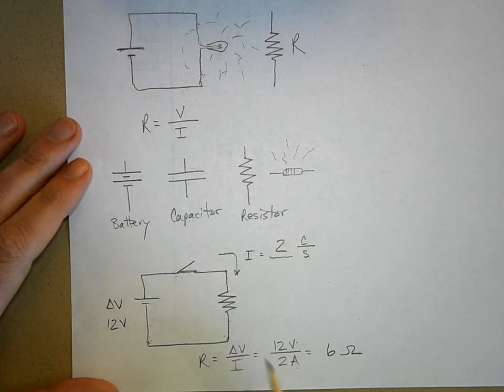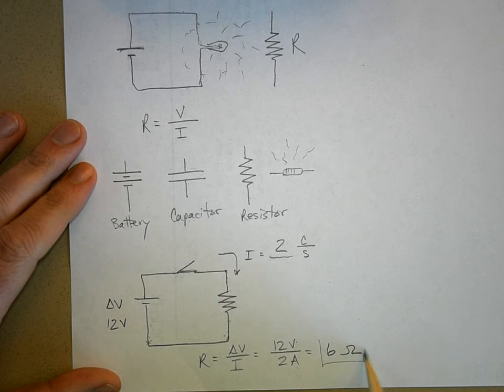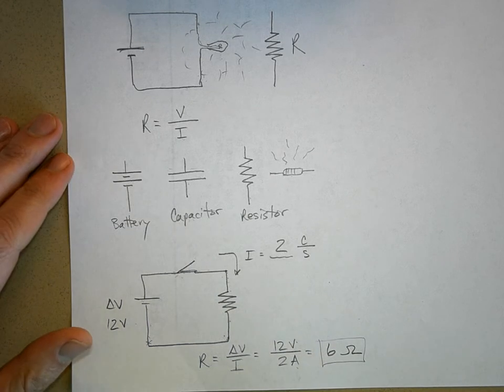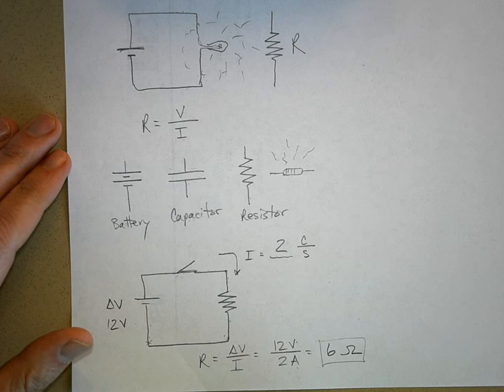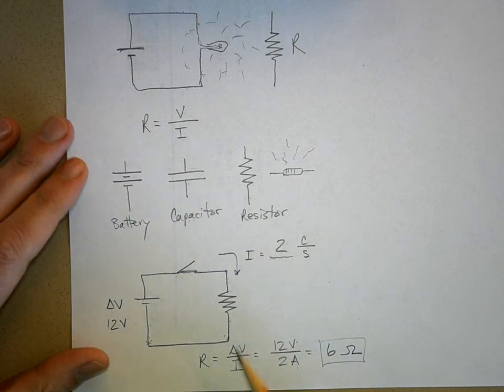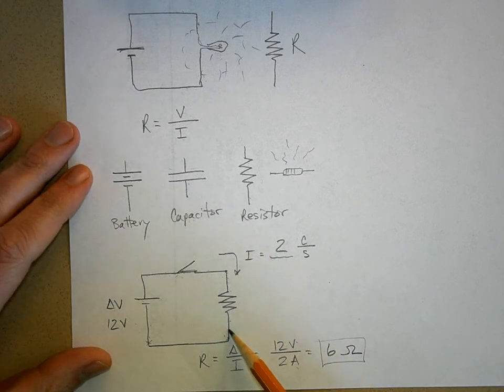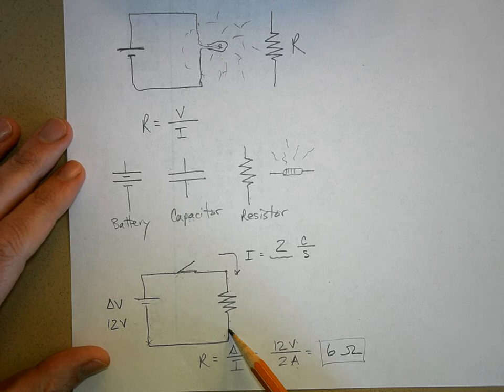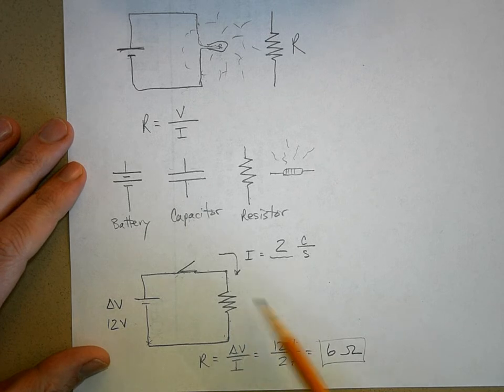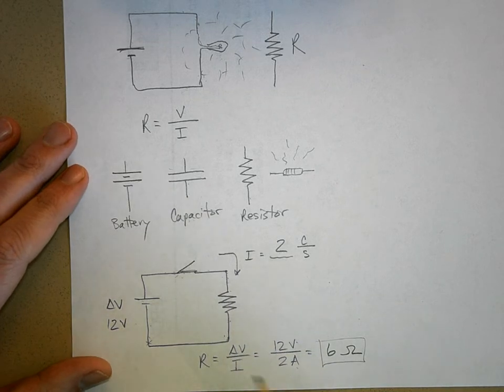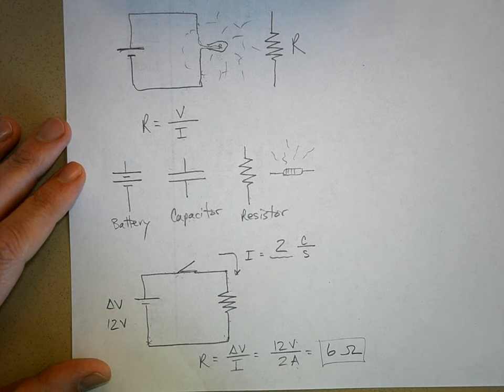All right, so there's my resistance, but I want you to think about this in terms of energy. If I've got 2 coulombs pushed through this resistor every second, well, what is a volt? It's a joule per coulomb.